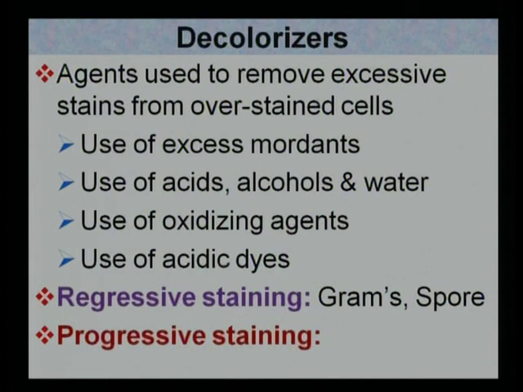This kind of procedure is regressive staining, as compared to progressive staining, where you use one stain, and it stains one particular part of the cell. Then you use a second stain, and it stains certain other parts. This is the staining technique which we call progressive. We apply different kinds of stains progressively, step by step: one stain, second stain, third stain, and these three stains each select a particular component of the cell.